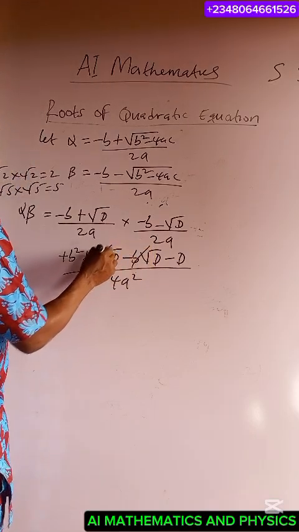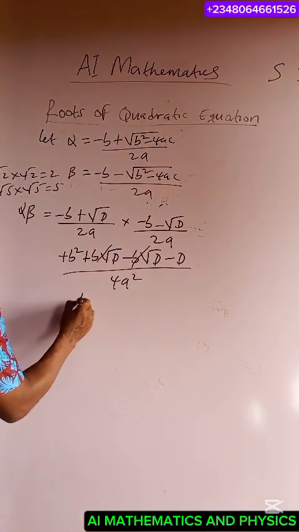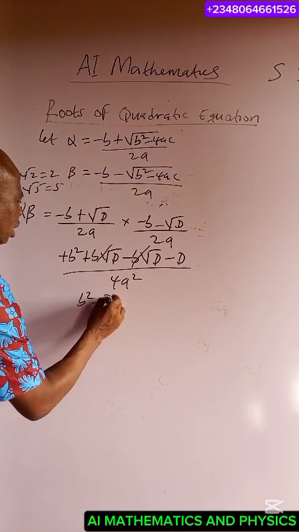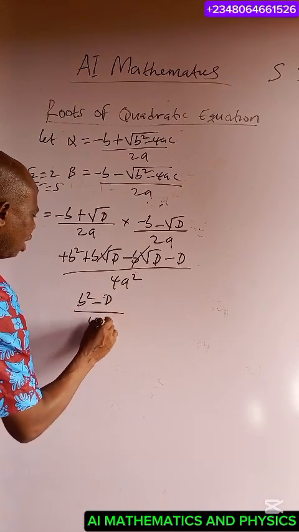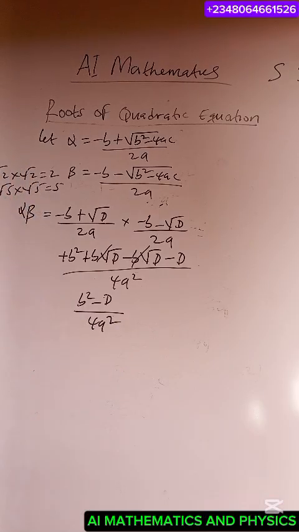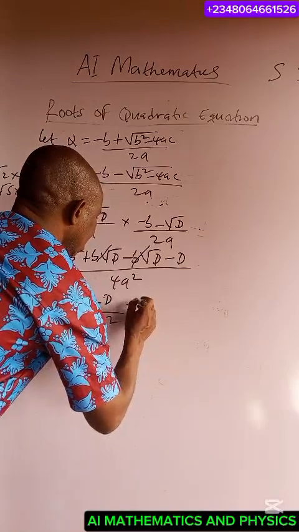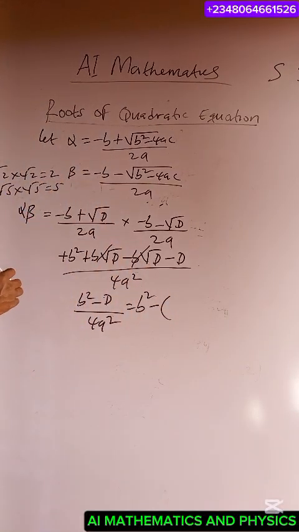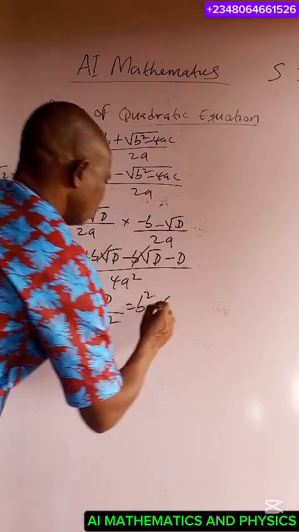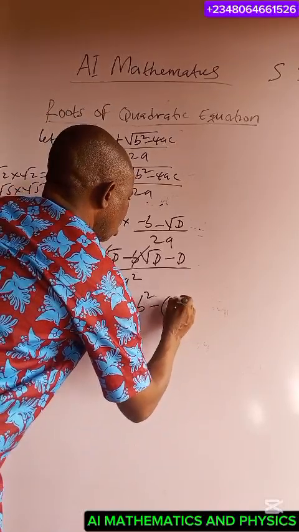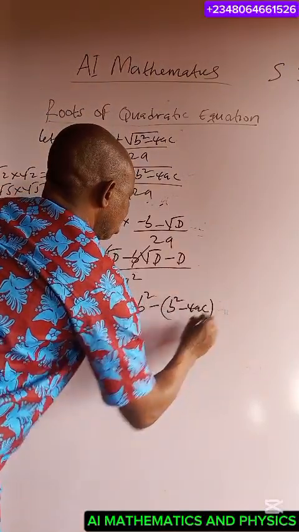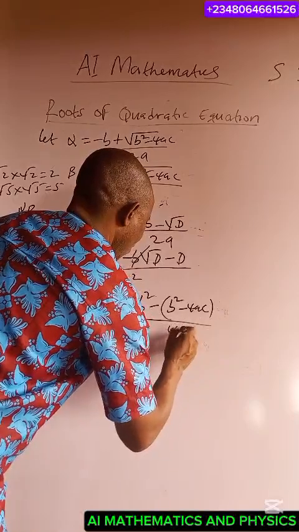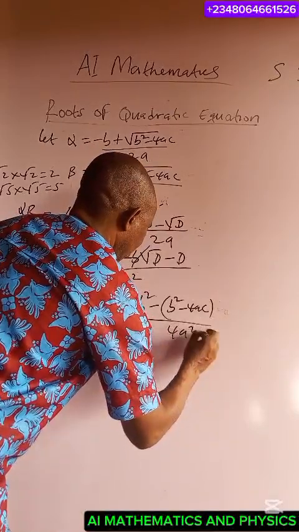Then count this, we now have b squared minus D over 4a squared. You can see now that this is the same thing as b squared minus, our D is b squared minus 4ac, everything over 4a squared.